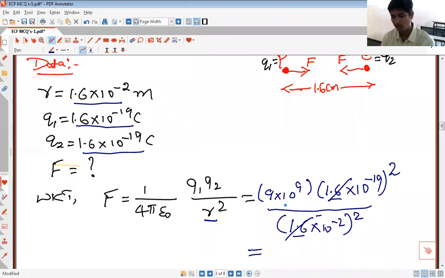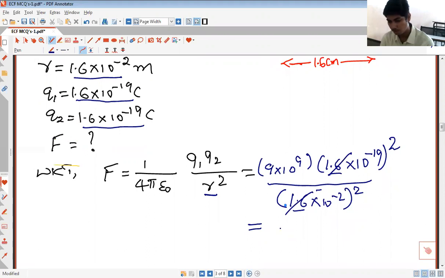In the numerator, you will be left with 9 into 10 to the power of 9 into 10 to the power of minus 19 whole square, which is 10 to the power of minus 38, divided by 10 power minus 2 whole square, which will be 10 to the power of minus 4. I hope I am clear.